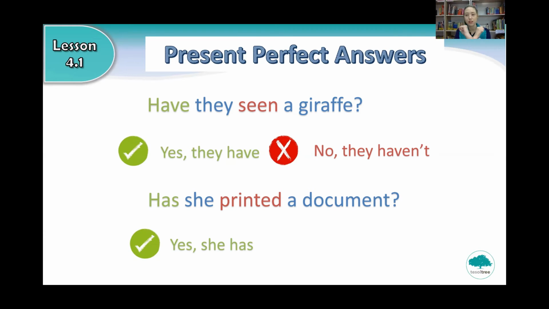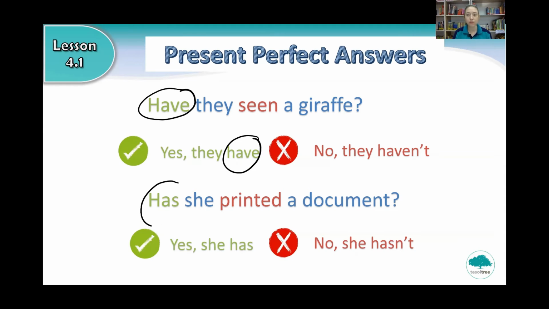And what about if the answer is no? That's right. No, she hasn't. Very good. So remember, if you have have in the question, you will have have or haven't in the answer. And if you have has in the question, you will have has or hasn't in the answer. Okay, do you remember what the word ever means?